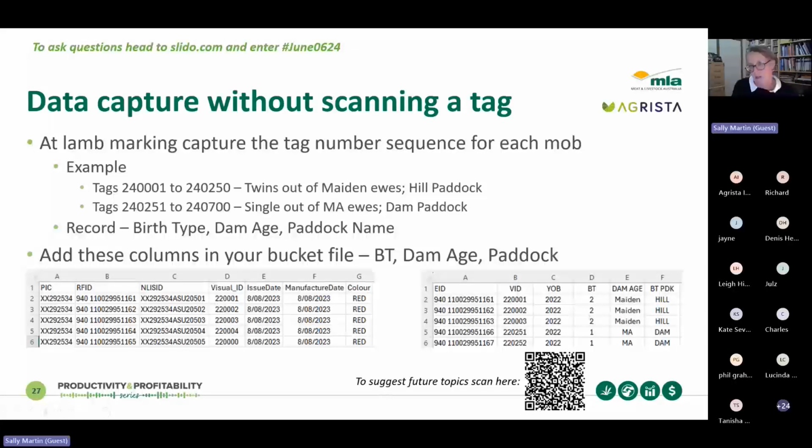We don't 100% know their rear type unless we're doing full pedigree. But we know that they're a maiden, and they're out of a particular paddock. I'll go through in a minute how we can start utilising this later on.